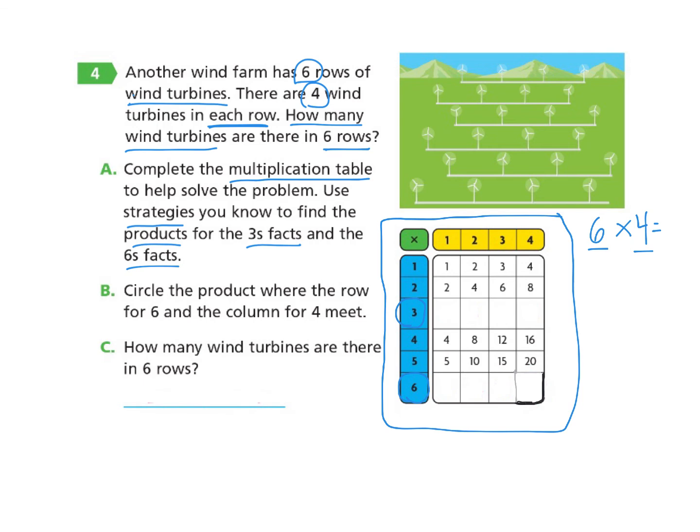So let's start there. The multiplication table is really showing the factors in yellow and blue. So when we say 1 times 1, the product goes here, which is 1.